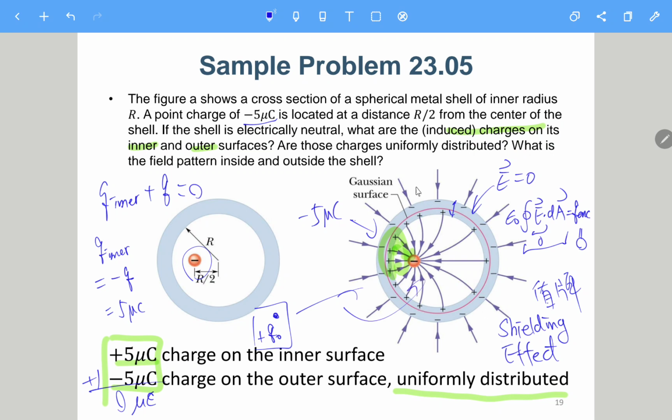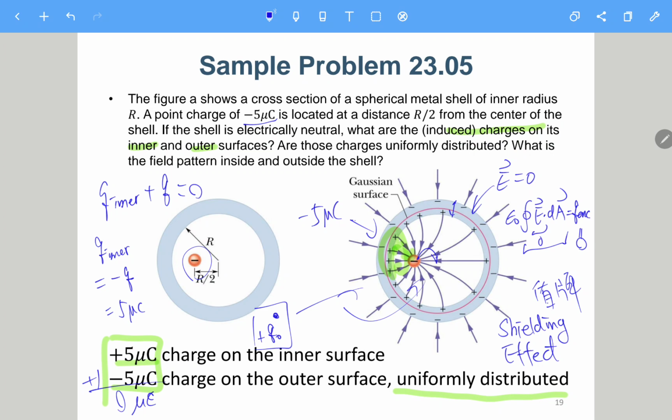So this shell is just like a shield, where these negative charges won't influence how the positive test charge feels. It is like it generates a uniform field, as if the charge were at the center. So this is called the shielding effect.